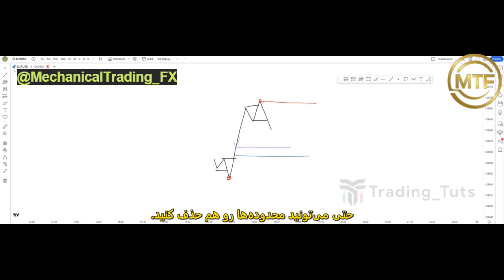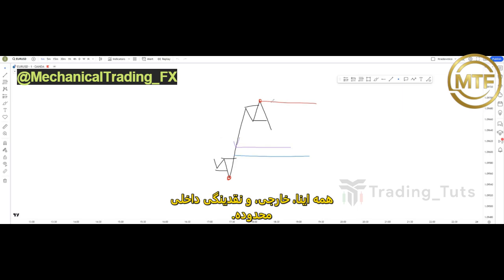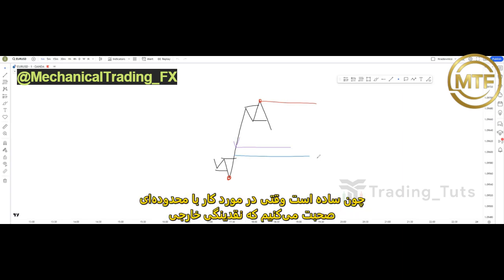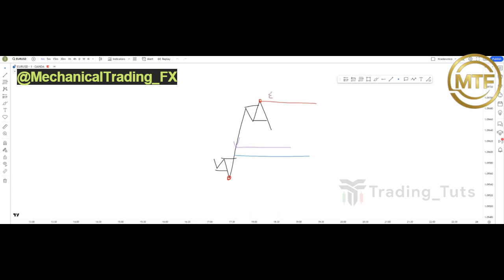You can even remove the ranges, talking about external range liquidity and internal range liquidity. They are not going to change. But we put all these pieces together to just find a strategy that makes sense for all of us, because it's simpler when you talk about approaching a range that you have external range liquidity and internal range liquidity.